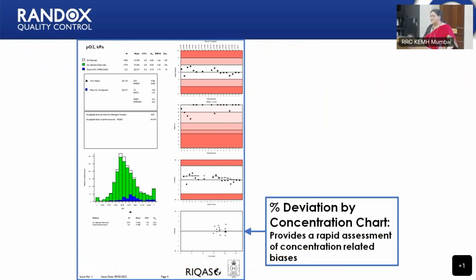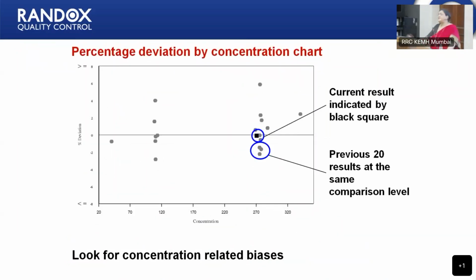The last graph is the percentage deviation by concentration chart. This provides a rapid assessment of the concentration related points. In EQAS, we try to provide 7 different concentrations across the cycle, trying to cover the complete clinical picture. So, unlike the other charts, here on the bottom x-axis, the sample numbers are not written, but the concentrations are written for the particular parameter.